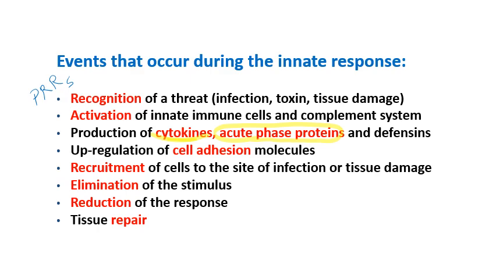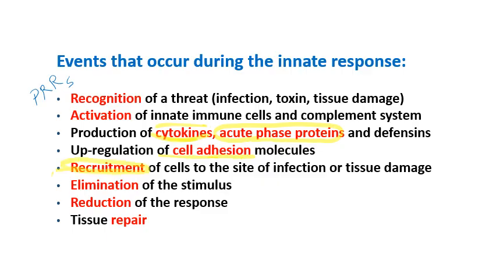Okay. Besides that, the system is also responding by increasing surface receptors. So they want to make cells sticky in order to interact with other immune cells. So by making the cells sticky and by putting cytokines out in the environment, they are going to bring other cells to the site of inflammation. That gives you the recruitment of other cells, right?